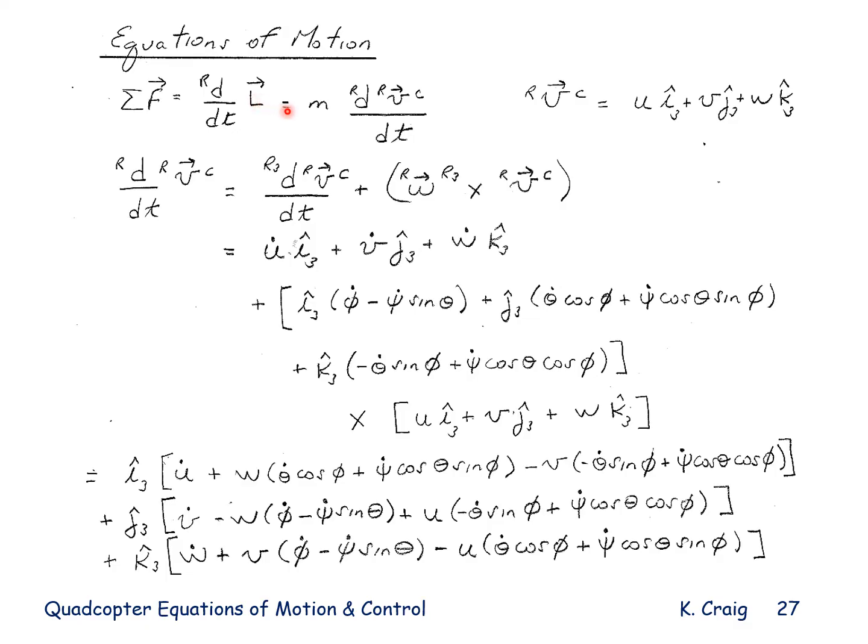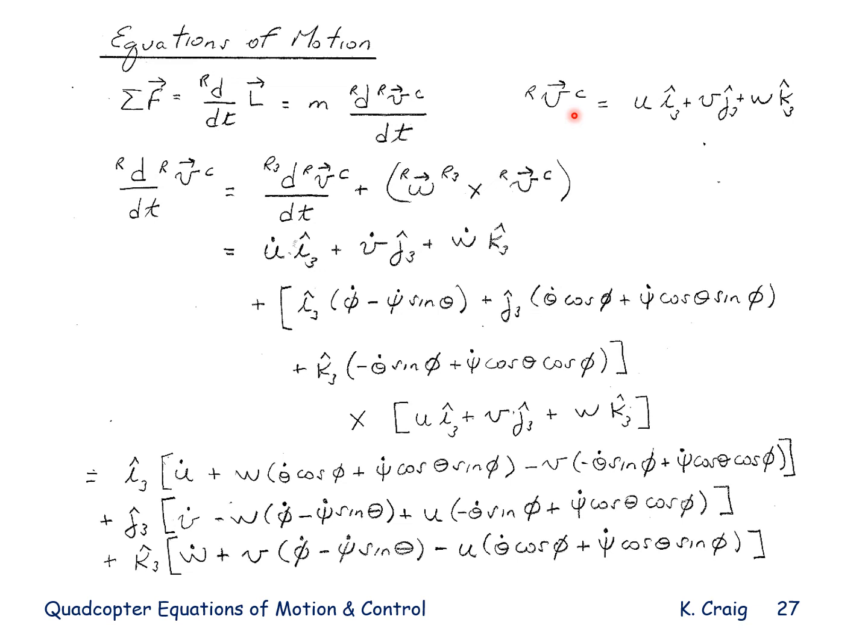And since the mass of the quadcopter is constant, that equals the mass times the derivative in the inertial reference frame of the absolute velocity of the center of mass. That's the velocity of the center of mass of the quadcopter in the grounded or inertial reference frame.